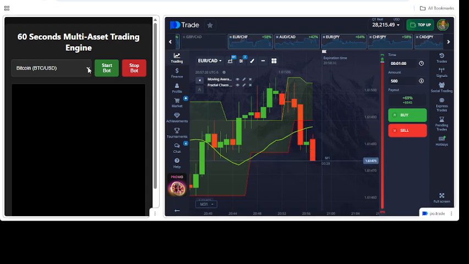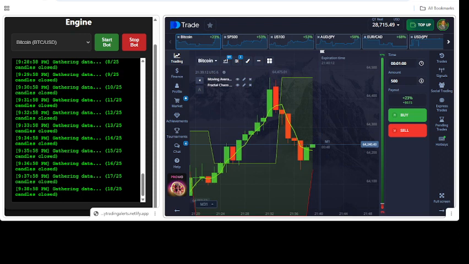I'm not sure if you're seeing the drop down menu, the screen recorder may not be recording it, but in it I have various assets, including crypto, indices, and major Forex currency pairs, in addition to stocks like Apple, Microsoft, Tesla, Intel, and so forth.